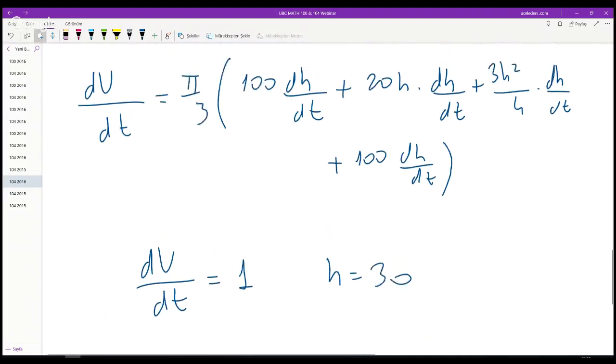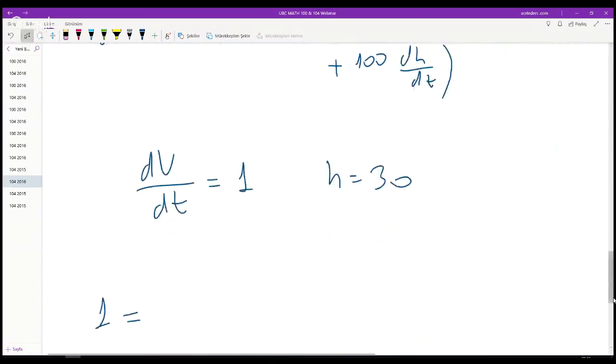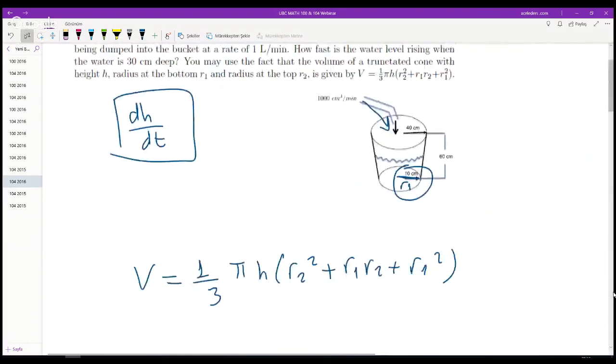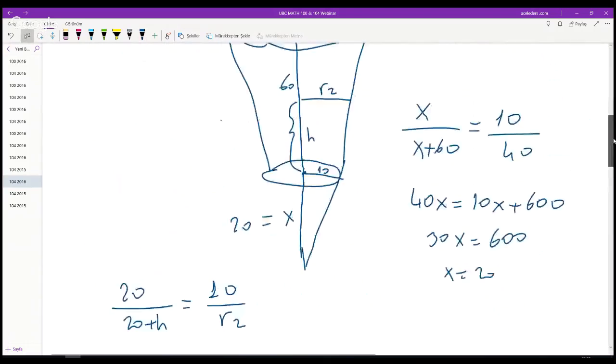When I replace both, 1 liter, and don't forget that 1 liter is 1,000 cubic centimeters.